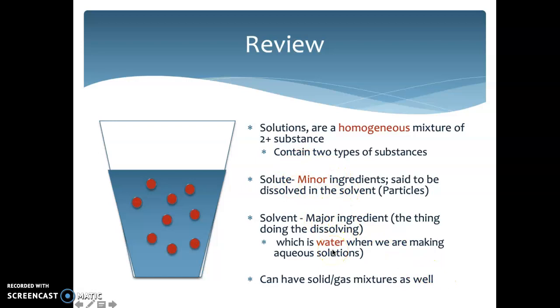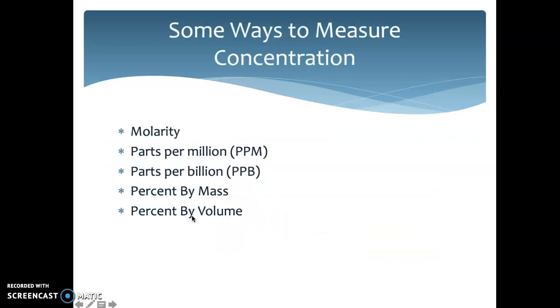Something that has a ratio of 9.8% has a higher concentration than something that has a lower concentration, such as 6.5%. Or the amount of red dots is greater in that 9.8% than the 6.5%. Even if the amount of liquid is the same, the number of red dots in there is increased. So if I add 2 more, the concentration goes up. If I remove 2 of those solute particles, the concentration would go down.